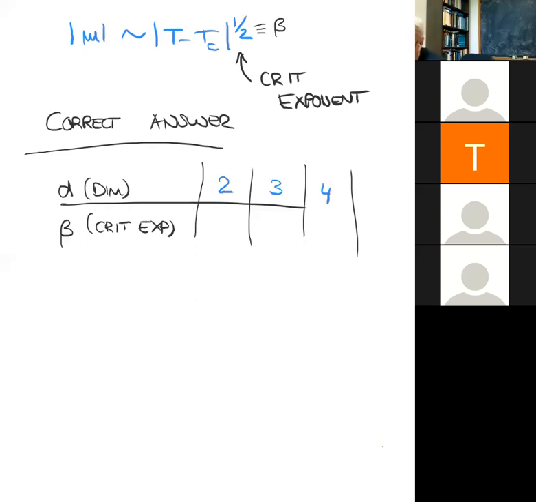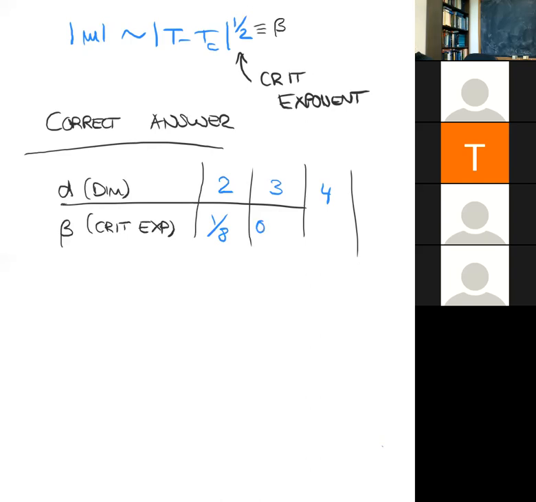The numbers you find: in 2 dimensions, it turns out to be exactly 1/8. That's because in 2 dimensions, as I mentioned earlier, the Ising model can actually be solved analytically. So the analytical answer ends up being not 1/2, but 1/8. Now in 3 dimensions, it's already a little bit bigger.